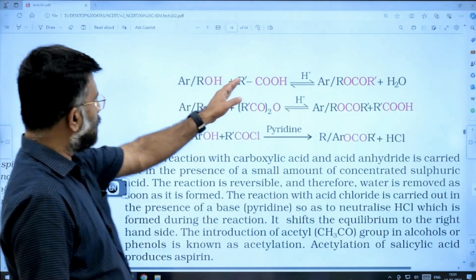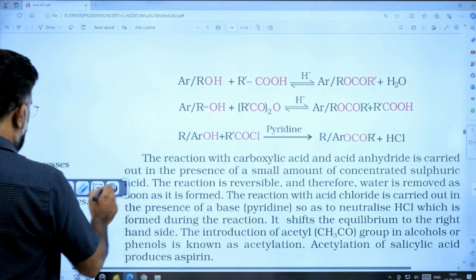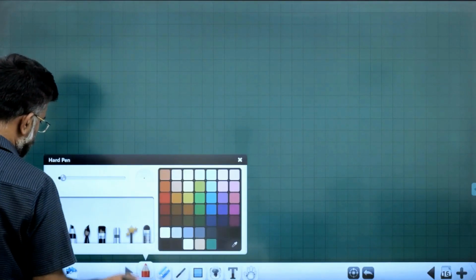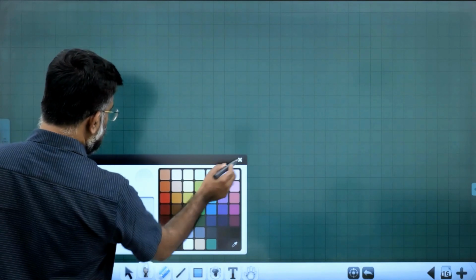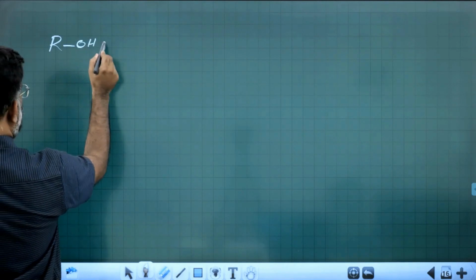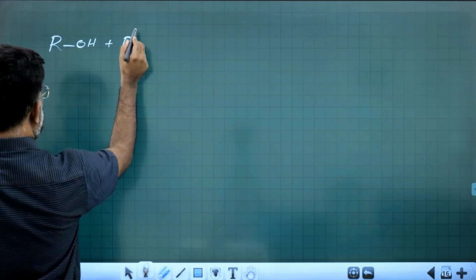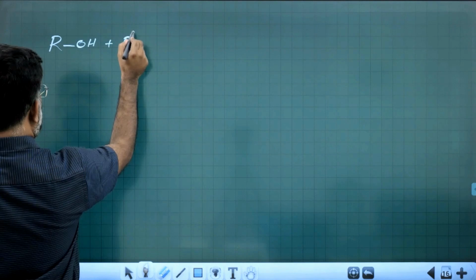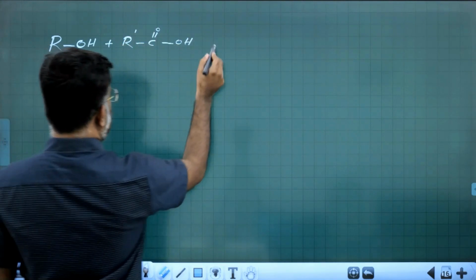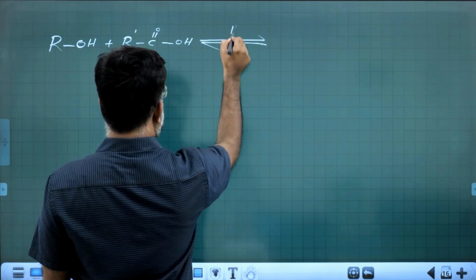First of all, an alcohol or phenol treated with a carboxylic acid. Say for example, an alcohol treated with a carboxylic acid, R dash COOH. The reaction happens in acid medium.